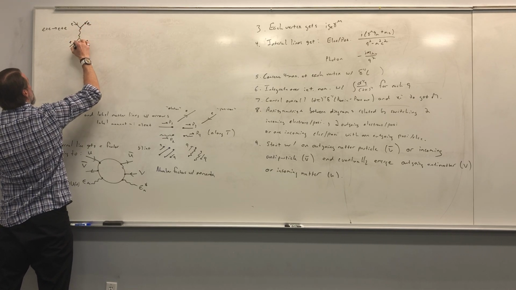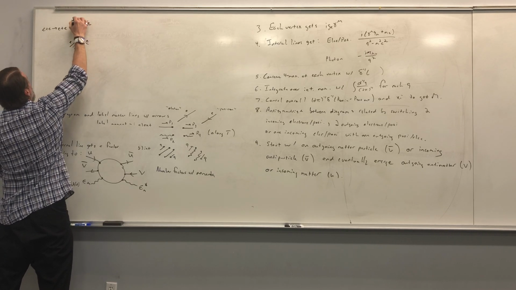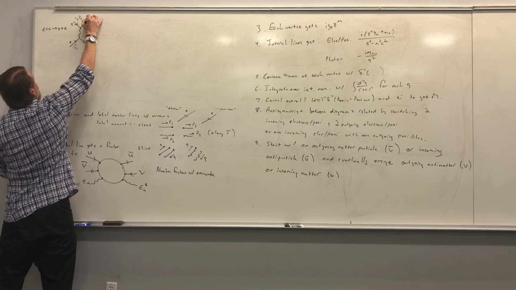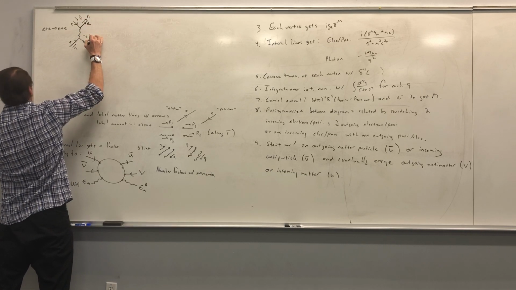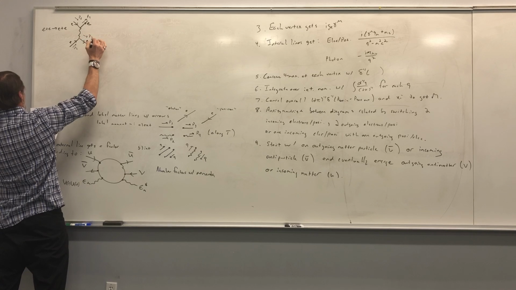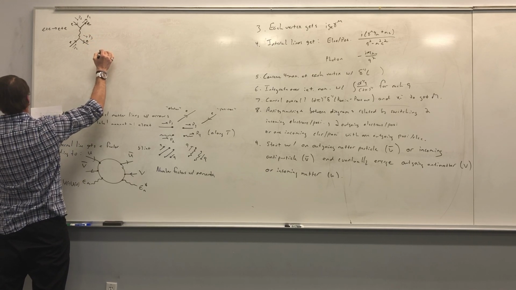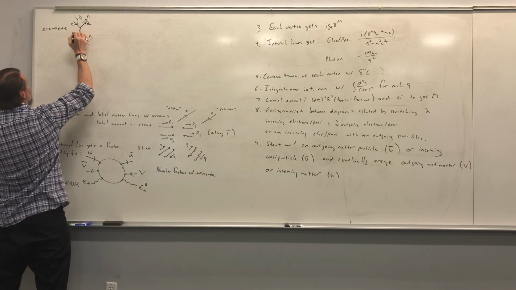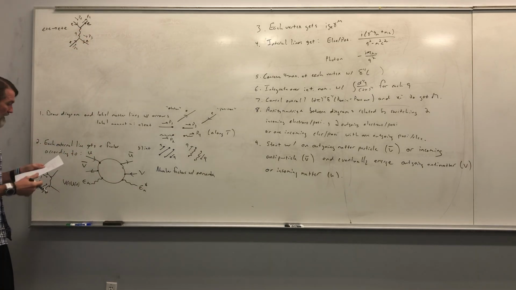And then I'll label my momenta P1, P2, P4, P3, and then, oh, I didn't do a Q. I'll figure out which direction I did Q in just a moment. Okay, so here we go.